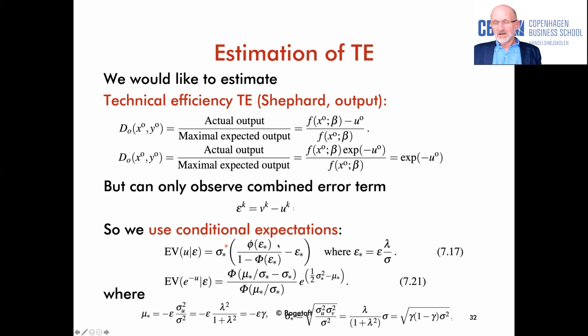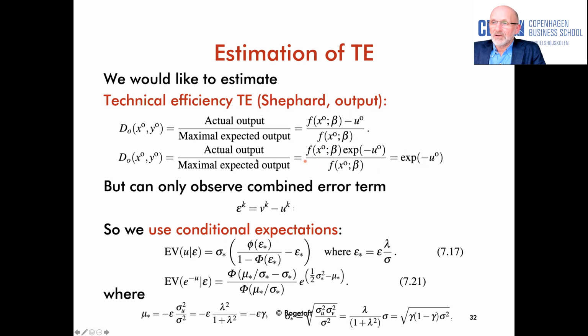Again, not a particularly nice expression, but it's the expression where epsilon star is epsilon times lambda divided by sigma. That's for the additive framework here, and then you will basically substitute this U0 with this value here.